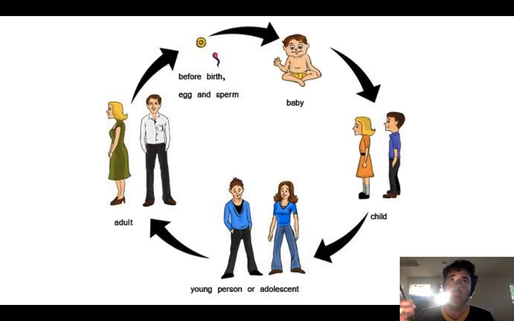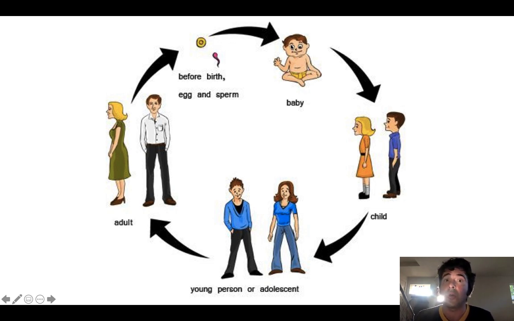So, in order to understand DNA replication, it's important to understand a little bit about life cycles. We're all familiar with a human life cycle, or the life cycle of many animals, specifically mammals or reptiles or birds or whatever it is. At some point in the life of a human, they consist of two independent cells. There's a sperm cell and an egg cell. Those cells fuse to form a zygote.